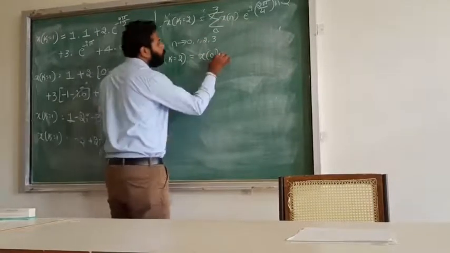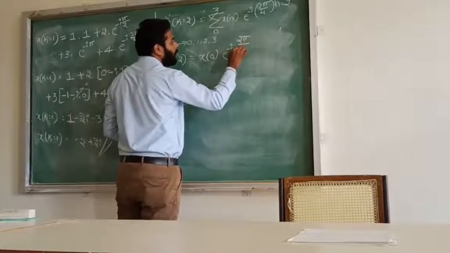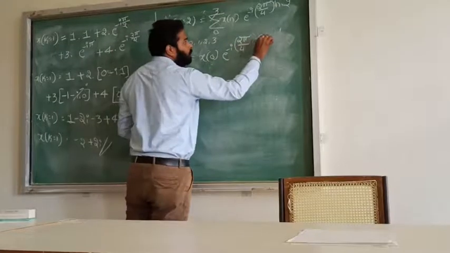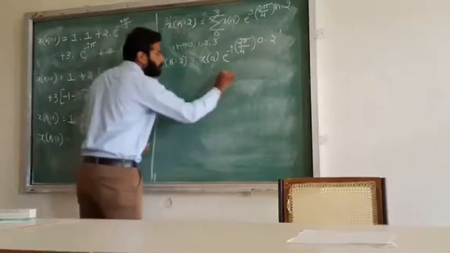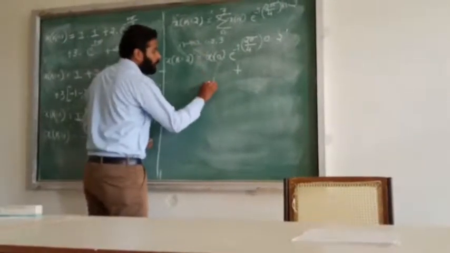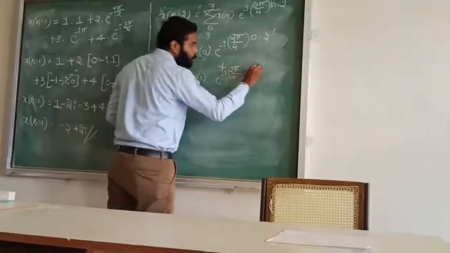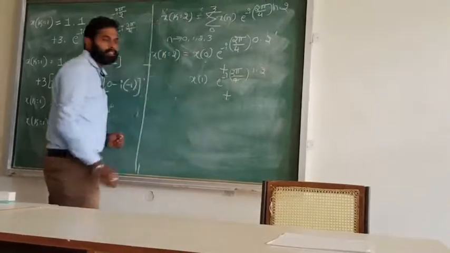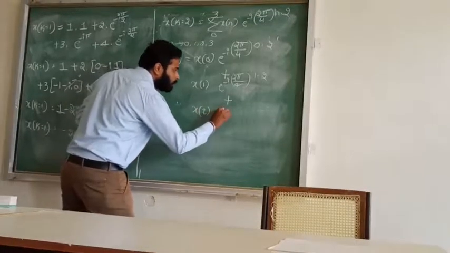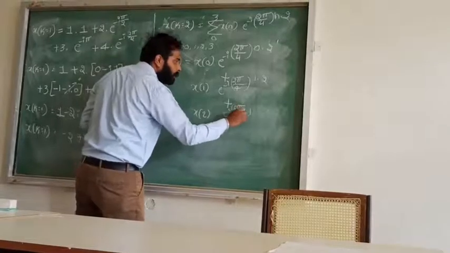x of 0 e raised to minus i 2 pi divided by capital N into n into k. Now n is equal to 0, so 0 into 2, this is first. Plus x of 1 e raised to minus i 2 pi divided by N, 1 into 2. Plus x of 2 e raised to minus i 2 pi divided by capital N into n into k.